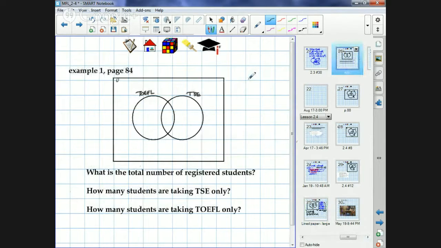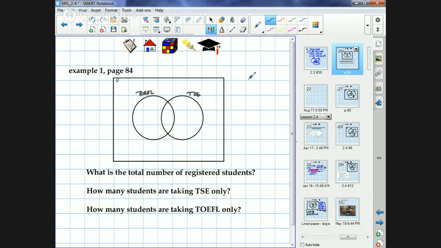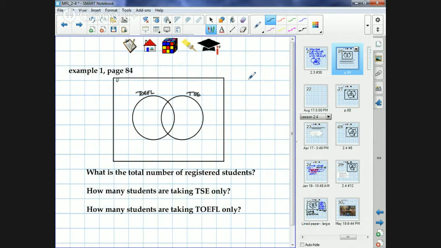Now, you have your book handy? I do. Go take a look at the bottom of page 84. That's what this problem that I have up on the screen is about. Way on the bottom down there, it's called Example 1, counting the elements of a set.